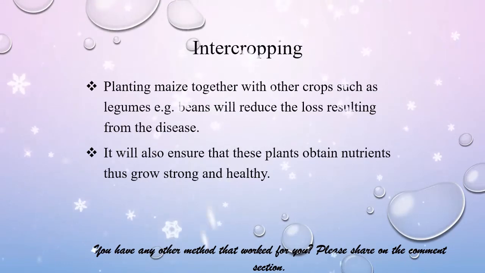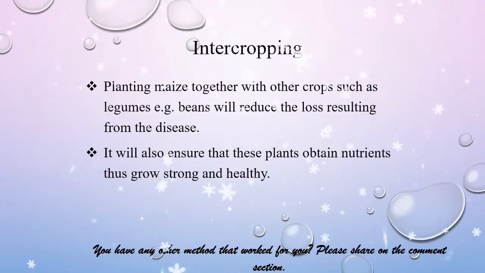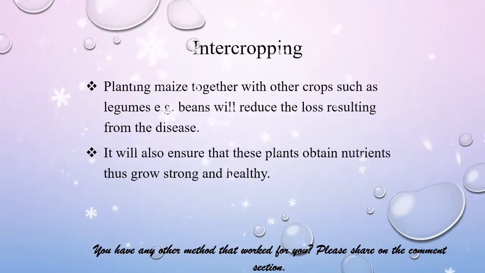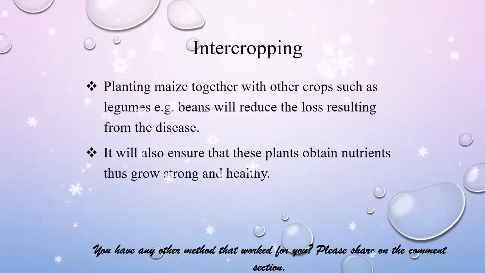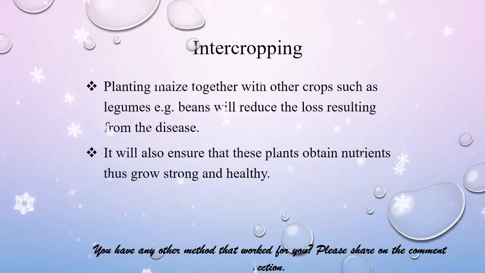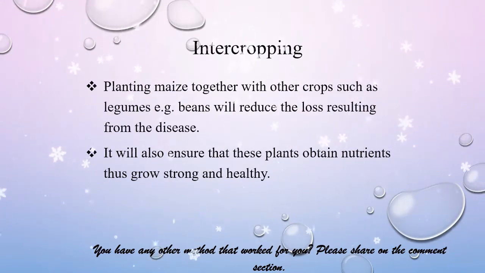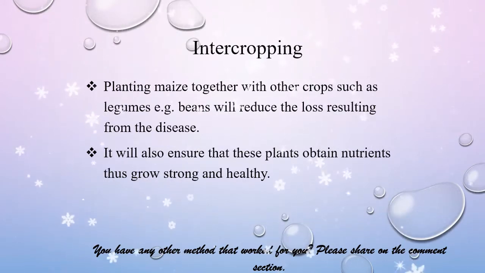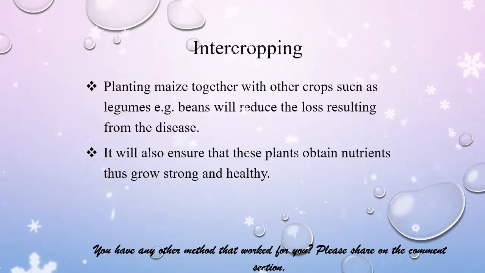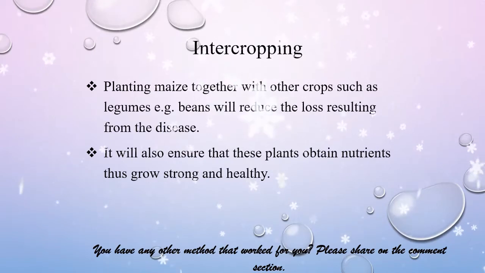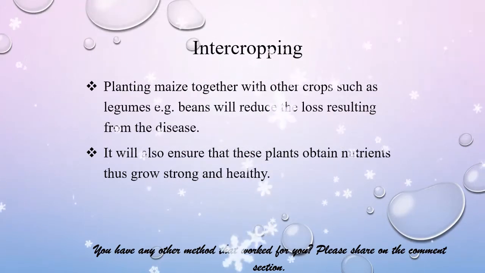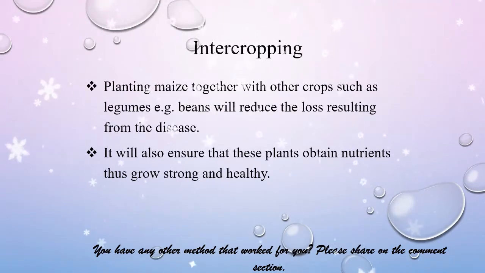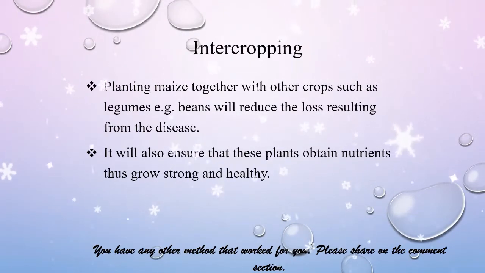All these you do together, such that when your maize has been affected by the virus, you will harvest the alternative crop, and therefore the losses that you incur will reduce. It will also ensure that these plants obtain nutrients, thus growing strong and healthy, and therefore the immune system is really high.